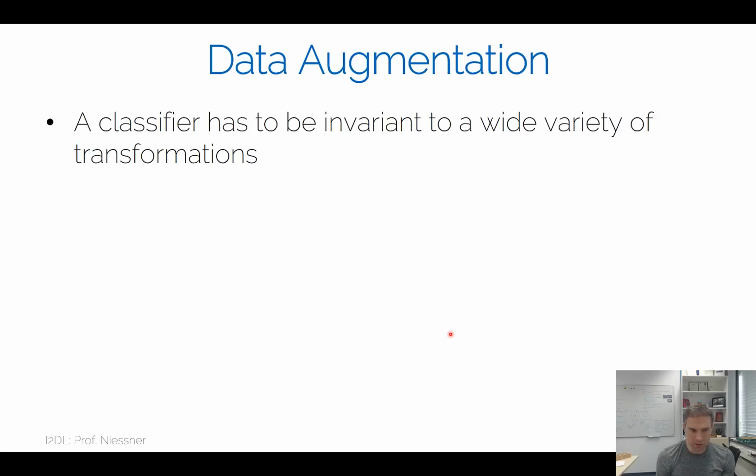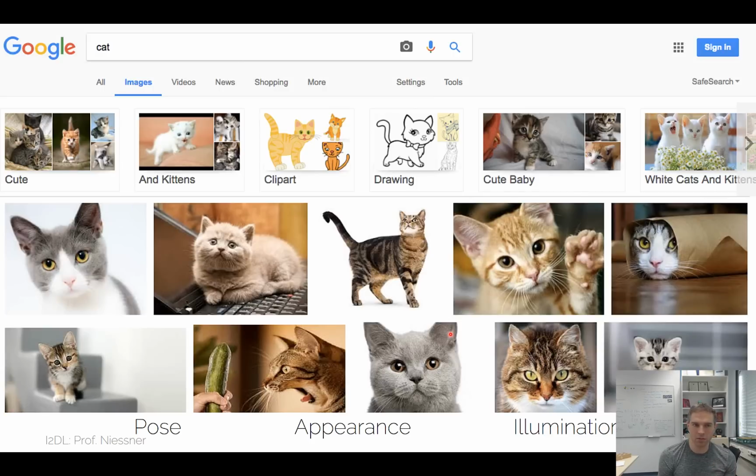For instance, if you search for a cat image on Google Image Search, you will notice that all of these images have certain transformations applied. The extreme transformations go from a drawing to a real image.